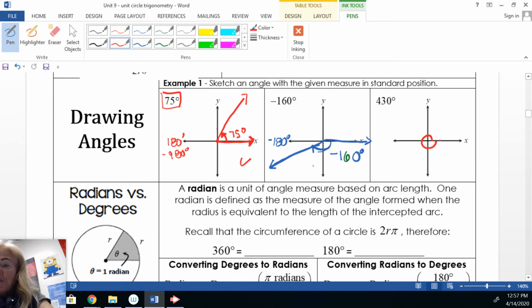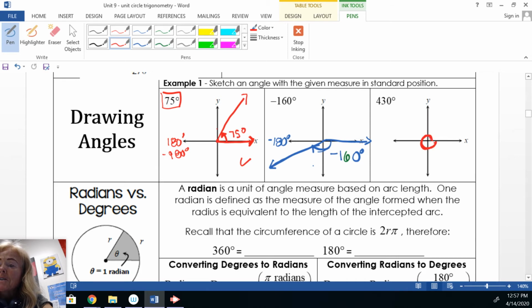And the crazy thing about these angles is they can go on forever. You can just keep moving around and around. They are infinite. You can have an infinite angle measure or a negative infinite angle measure if you're moving in the clockwise direction forever and just keep going around. I mean, I could draw it for you.